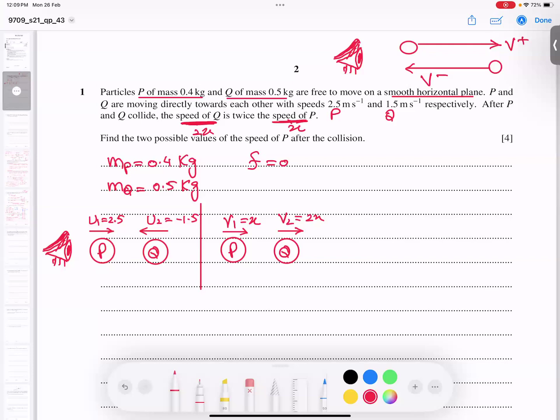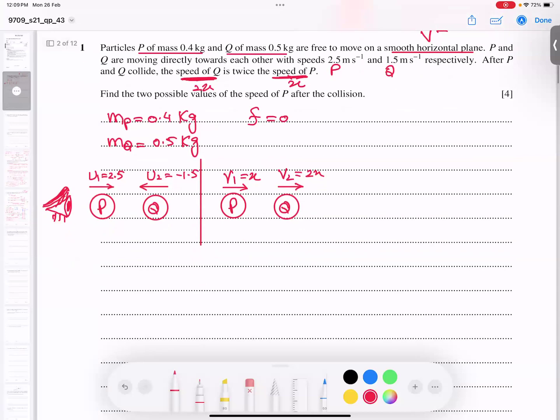The basic formula we have is M1 U1 plus M2 U2 is equal to M1 V1 plus M2 V2. This is the law of conservation of momentum. If I plug in the values, the mass of the P particle is 0.4 and the Q particle is 0.5.